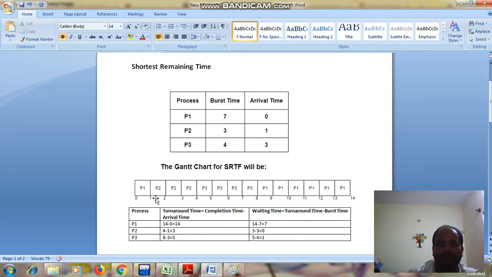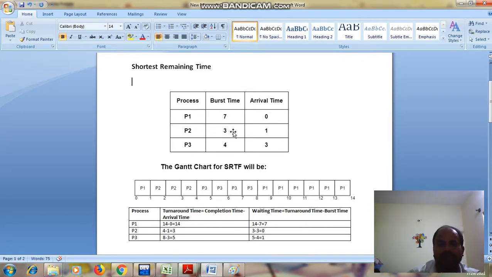So P2 will be allocated the resources for the next 2 seconds, because at the third second P3 comes. Now P2 has 1 second remaining, P3 has 4 seconds and P1 has 6 seconds.